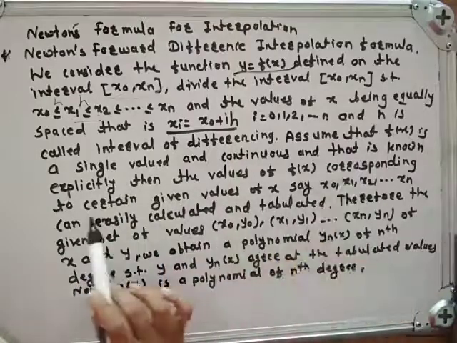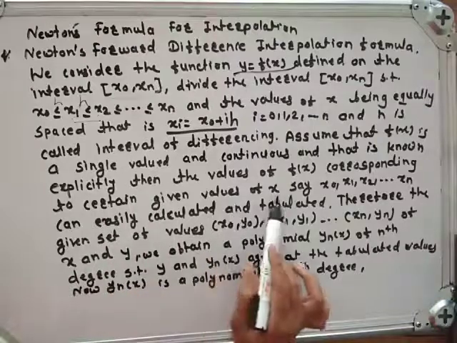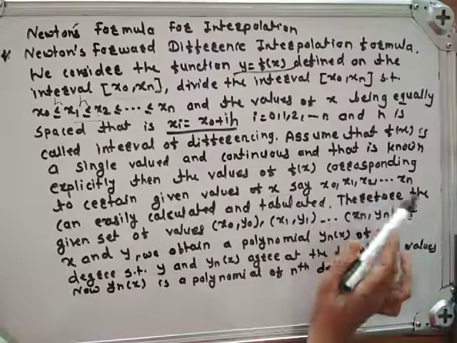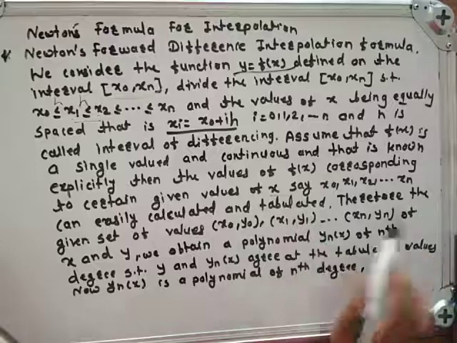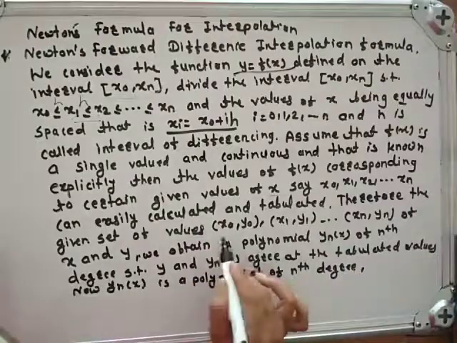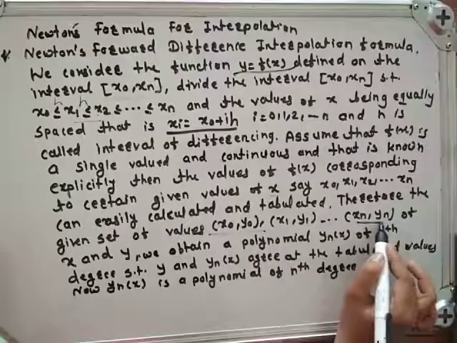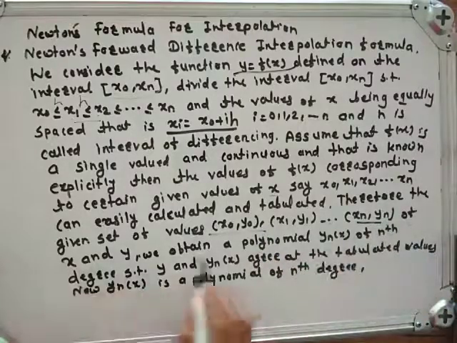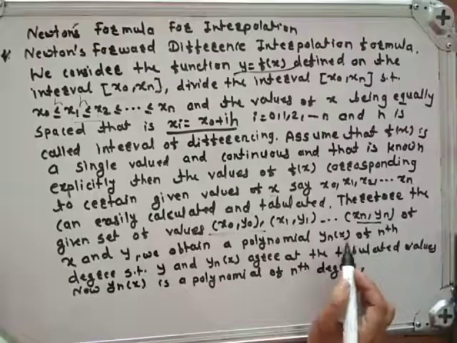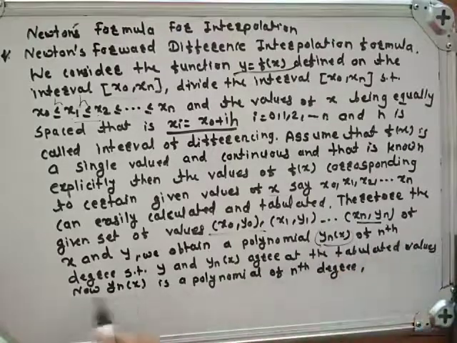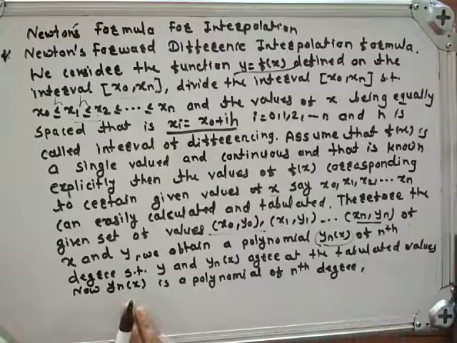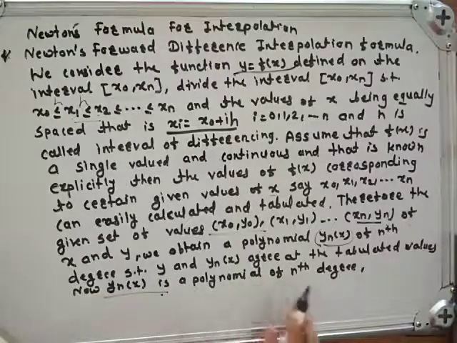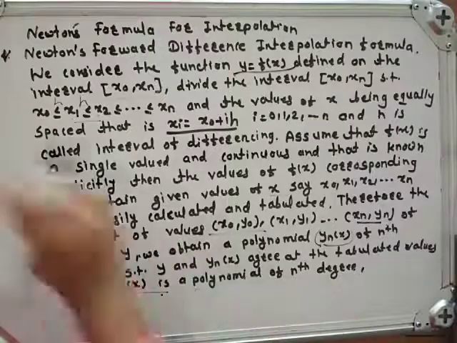Then the values corresponding to certain given values of x, say x0, x1, x2 and so on up to xn, can easily be calculated and tabulated. Therefore, for the given set of ordered pairs x0, y0, and so on up to xn, yn, we obtain a polynomial yn of x of nth degree such that y and yn of x agree at the tabulated values.